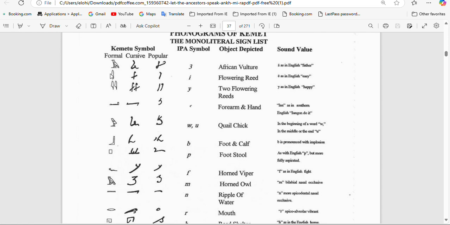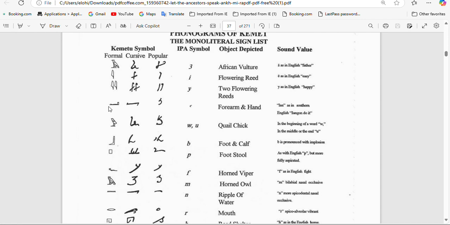You have the flowering reed. This is the hieroglyphic, and this is the other two scripts. This is the IPA symbol, and it's pronounced E as in easy. It's a double reed in all three scripts, the two flowering reeds. Y as in happy.